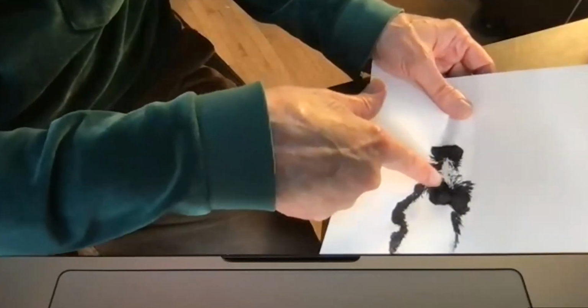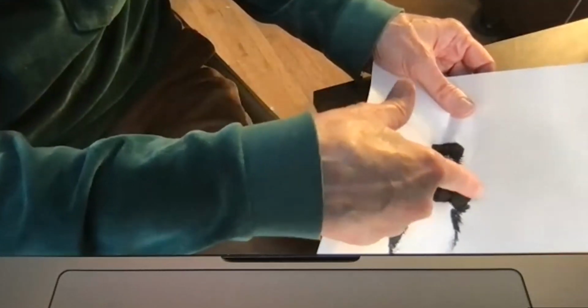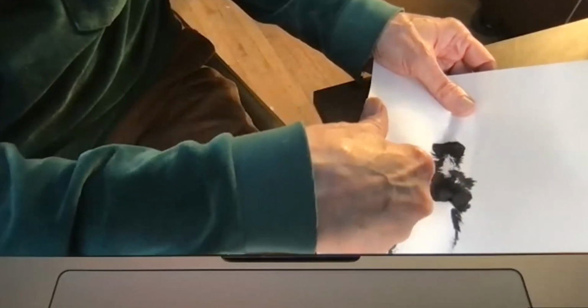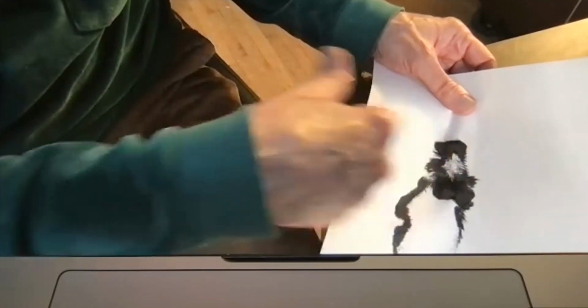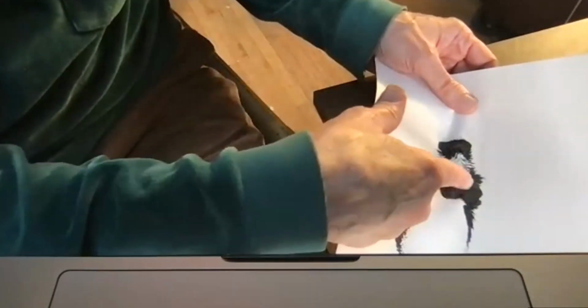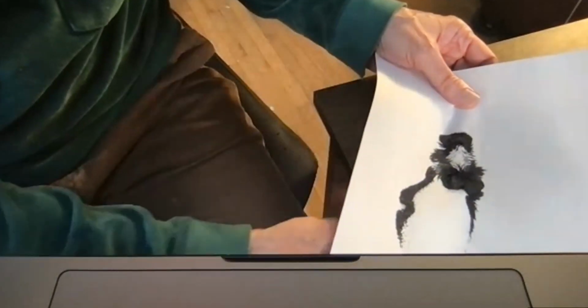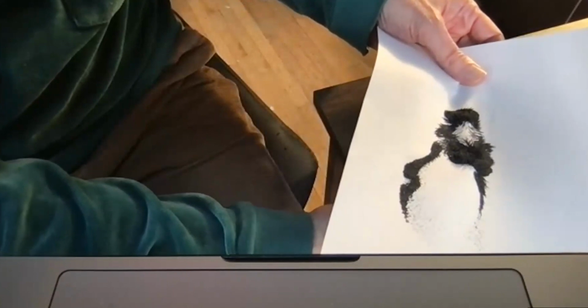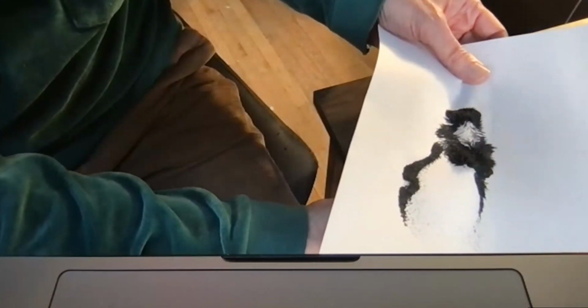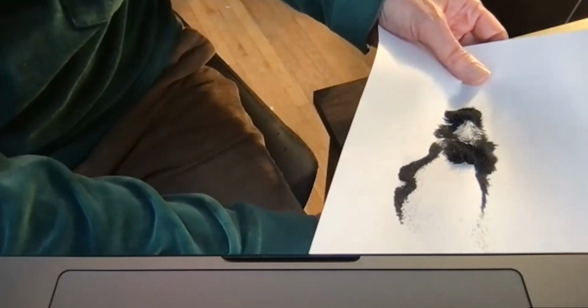What you get instead is a gap in the middle. And again, it's because the magnetic filings are being pulled into the stronger area of the field. And I think I can show this. I am going to turn this magnet around.